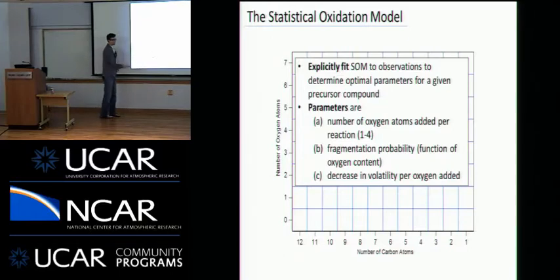And then we also, because we're dealing with partitioning, we need to think about the volatility of the species involved. So we need to think about what is the vapor pressure of all these species. And so what we're going to define is the decrease in volatility that occurs per oxygen added. So you add 1 oxygen, what is the average decrease in volatility upon that addition of 1 oxygen?